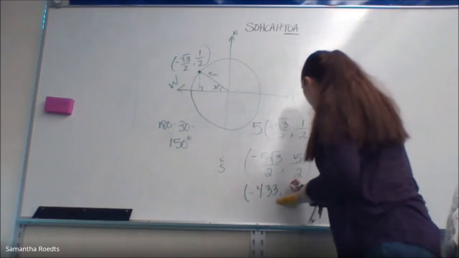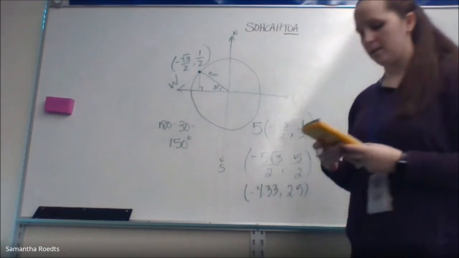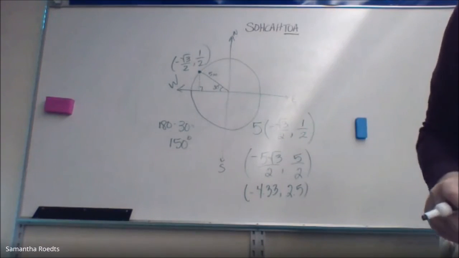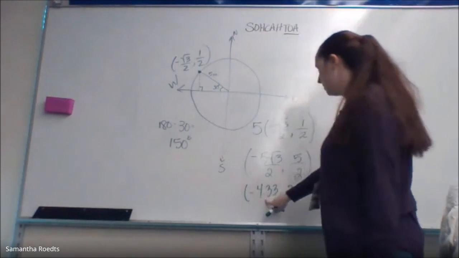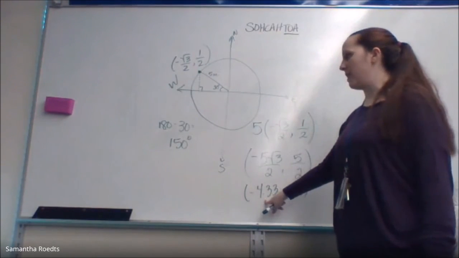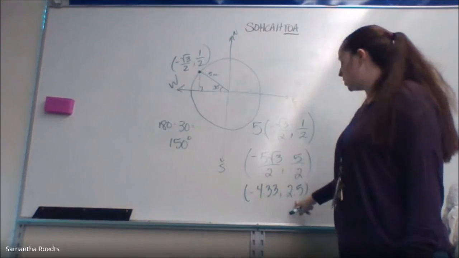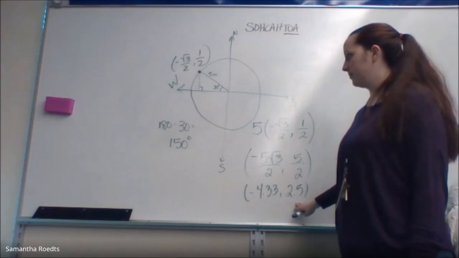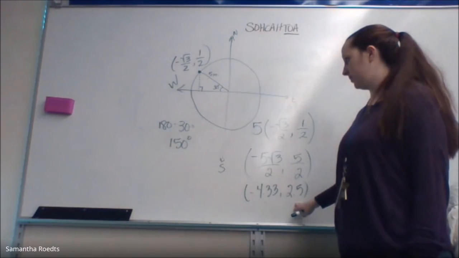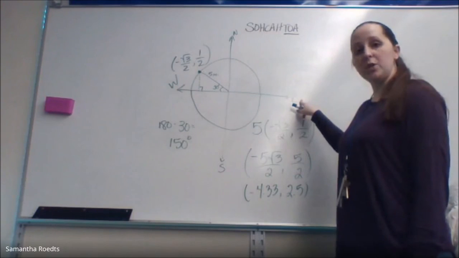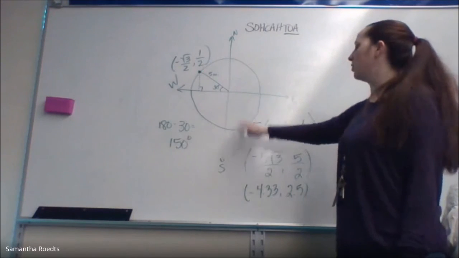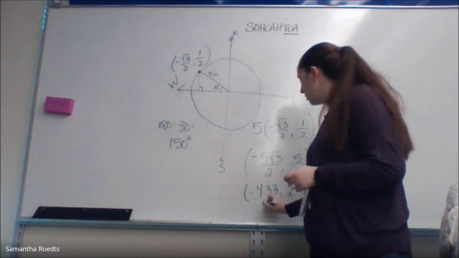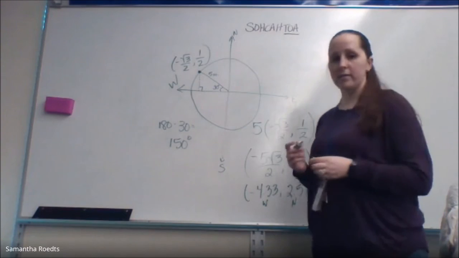And 5/2 is 2.5. Okay. So what this is telling me is I went about 4.3 miles west and 2.5 miles north. So west, north. Okay. Remember, east and west are on your x-axis, and north and south are on your y-axis, which is how I know that this is west and that's north.